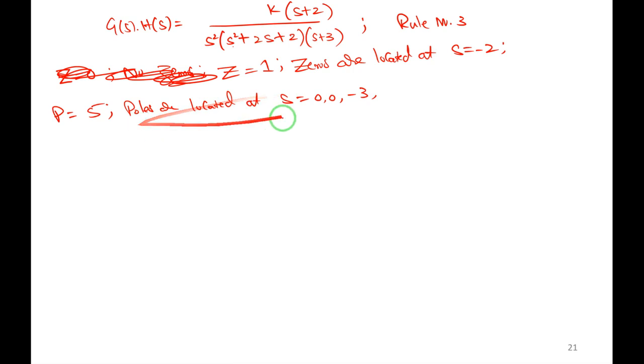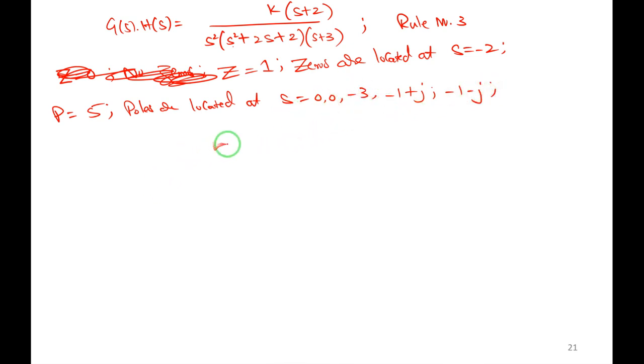So the root is minus 1 plus j, another root is minus 1 minus j. Minus 1 plus or minus j. So totally 5 roots are there.